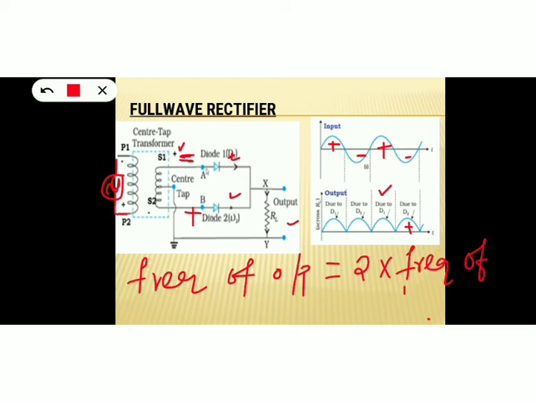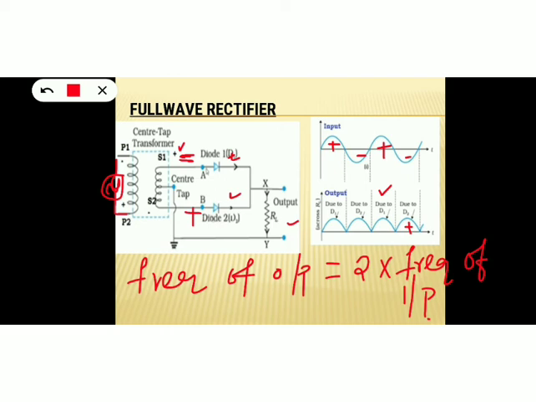Okay, frequency of output is equal to 2 times frequency of input. In one cycle of input, we have 2 waves for output. That means efficiency is more than the half wave rectifier.